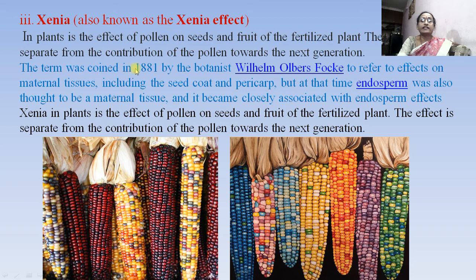The term was coined in 1881 by the botanist Wilhelm Focke to refer to the effect on maternal tissue including seed coat and pericarp. But at that time endosperm was also thought to be maternal tissue. Here we can clearly see that in maize different colored grains are also there. These are all hybrid maize, and we can see it very clearly.